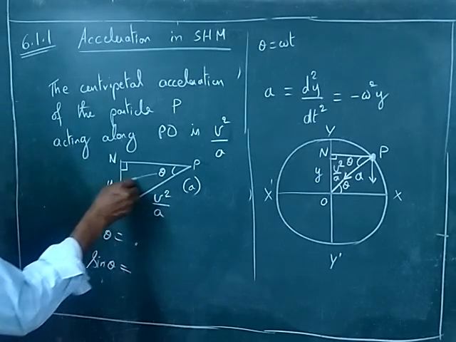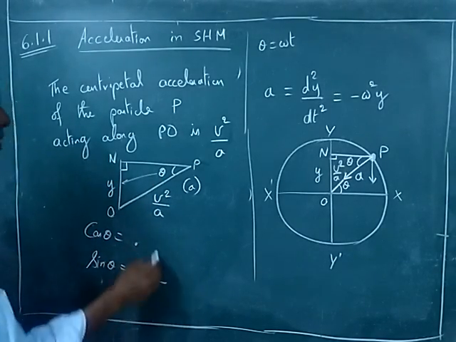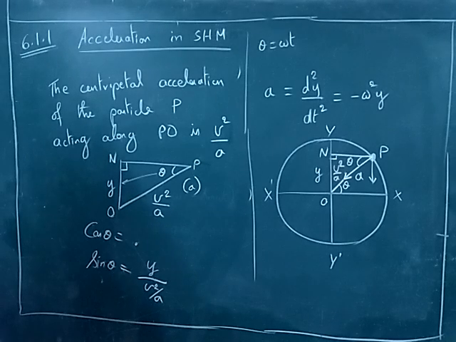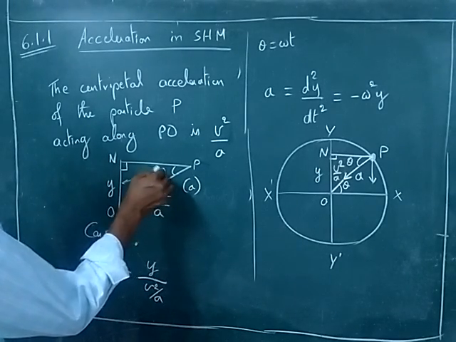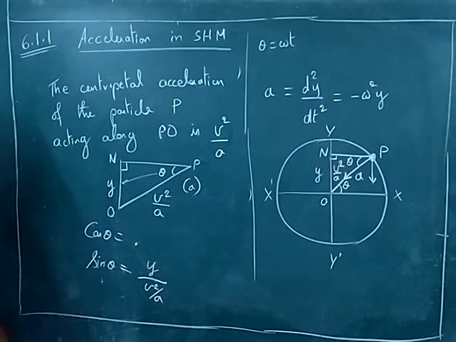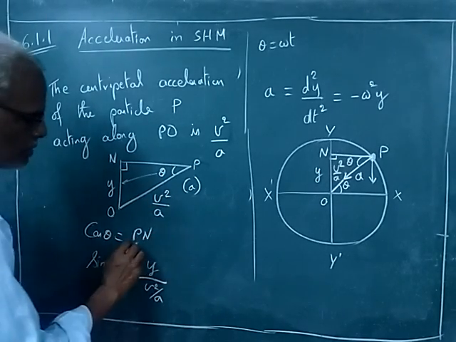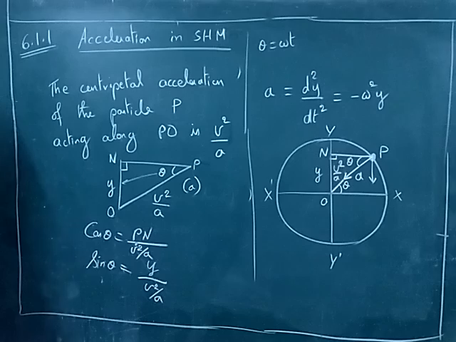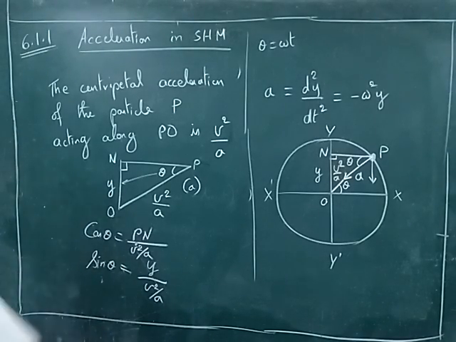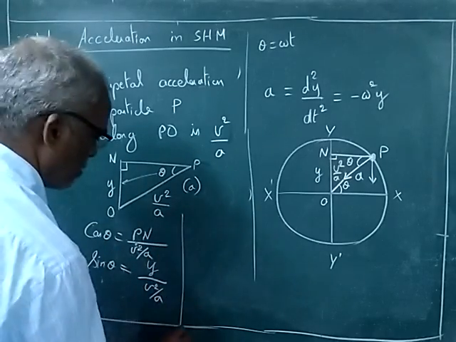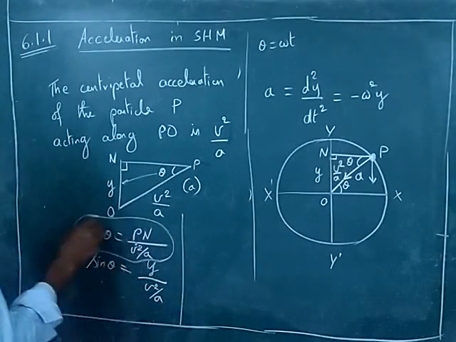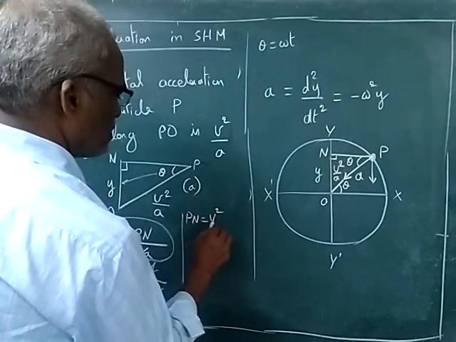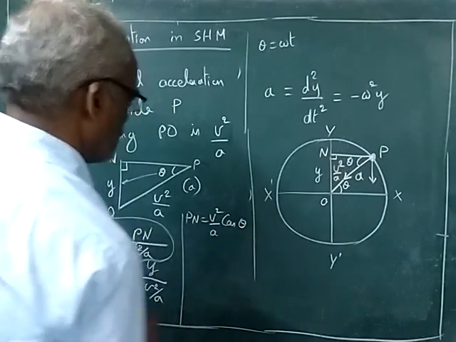If you consider sin theta, opposite side is Y, hypotenuse is V square by A. If you consider cos theta, adjacent side Pn divided by hypotenuse V square by A. Therefore, Pn is equal to, you move this term to the other side, V square by A cos theta.